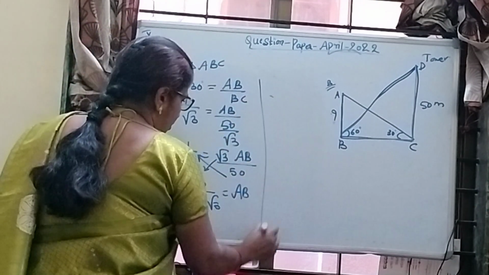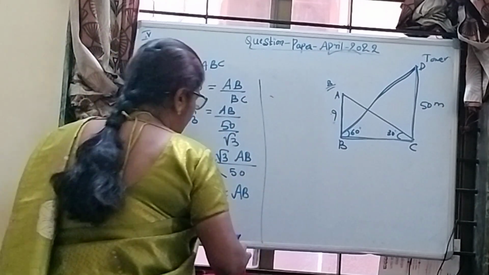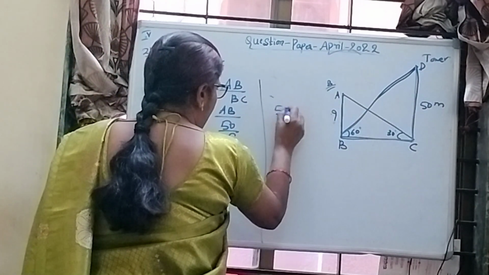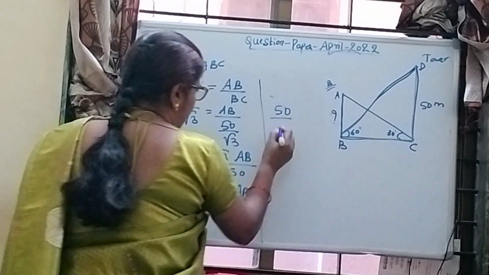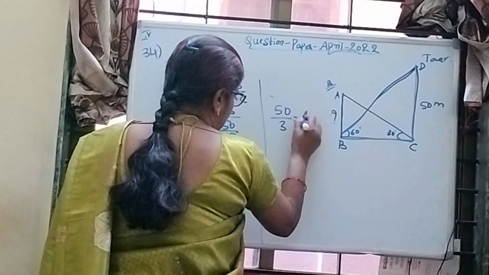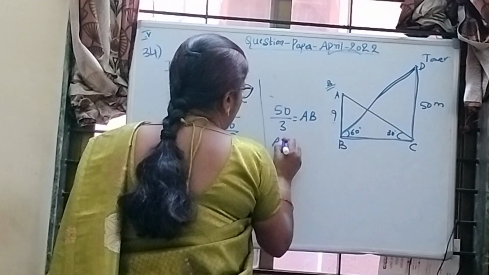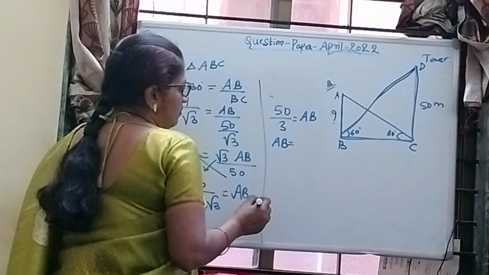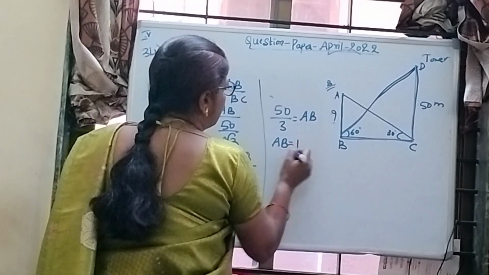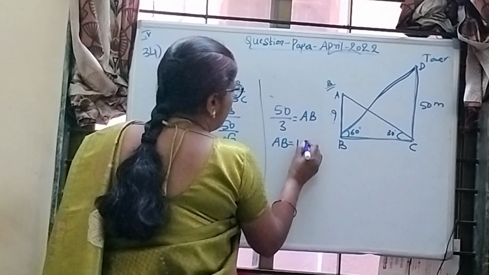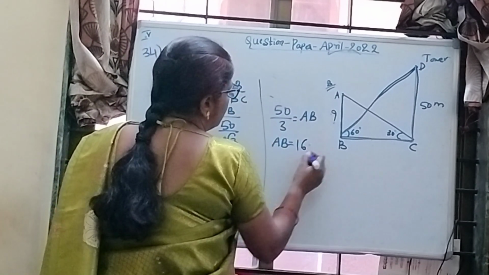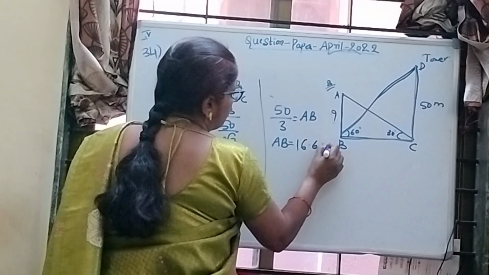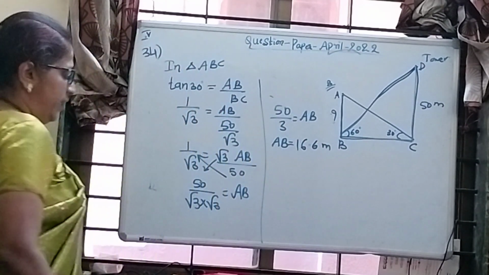Now 50 upon √3 into √3 becomes only 3. So AB is equal to either you can leave it or divide it: 18.66 meters. That is the height of the building.